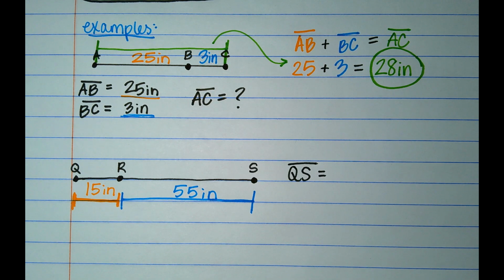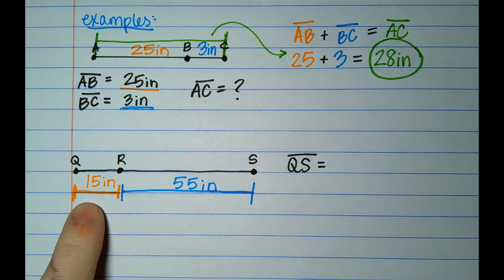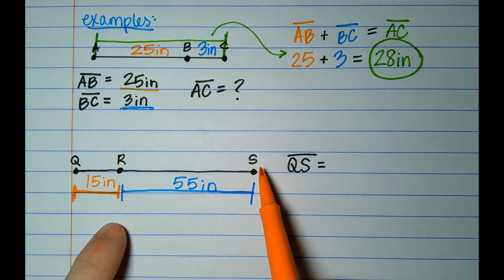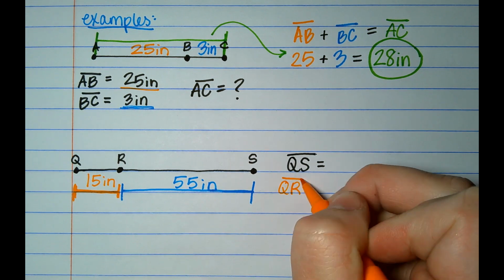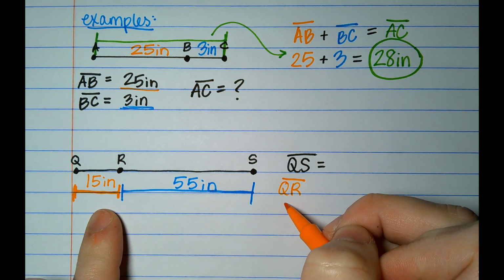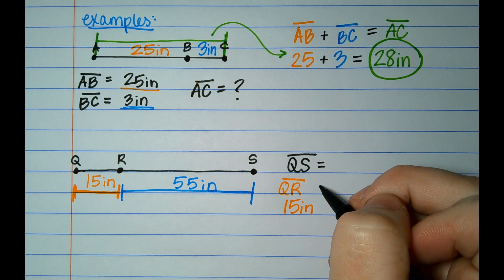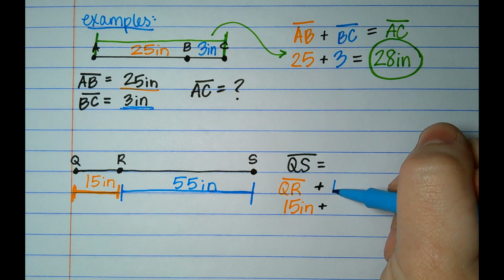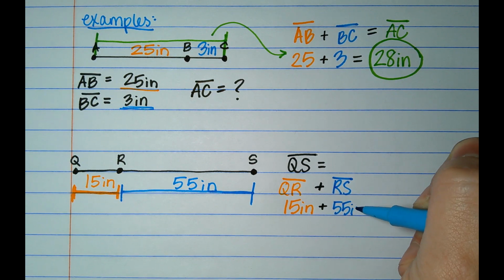Okay. So let's write that out again. All I did was my QR plus RS gives me the QS. QR is 15 inches, RS is 55 inches.